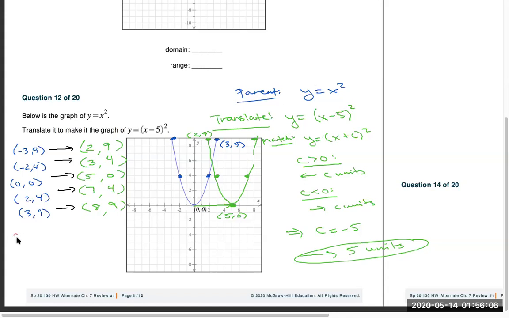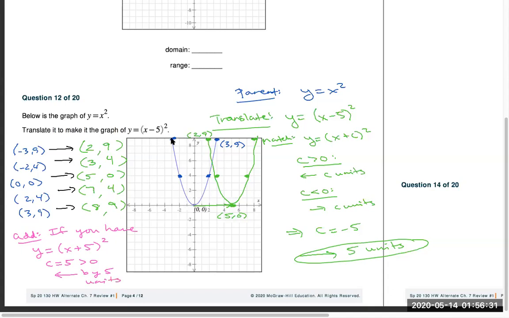So let's add this. If you have y equals x plus 5 squared, okay, so your c value is 5, which is greater than 0. We're going to move to the left by 5 units.